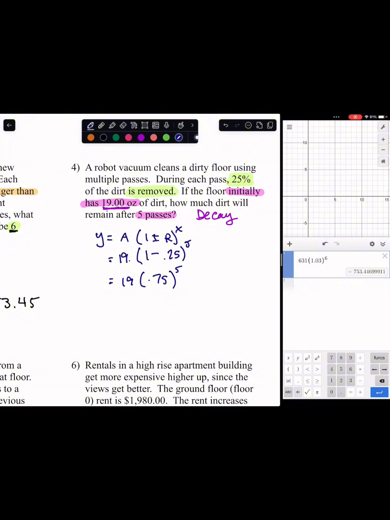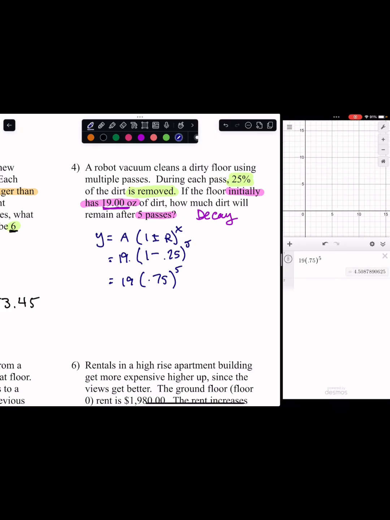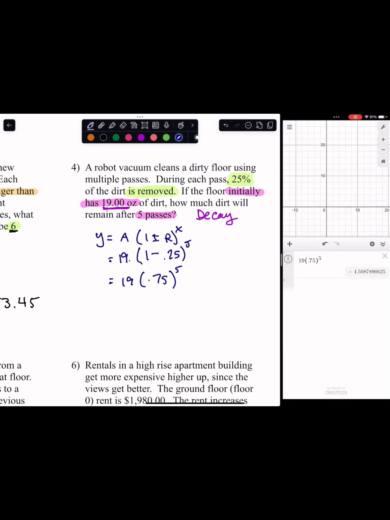And then let's put that over here and see what it says. I probably just could click the X. 19, parenthesis, 0.75, close parenthesis, raised to the 5. I'm going to show you something. It's not graphing because there are no more variables.